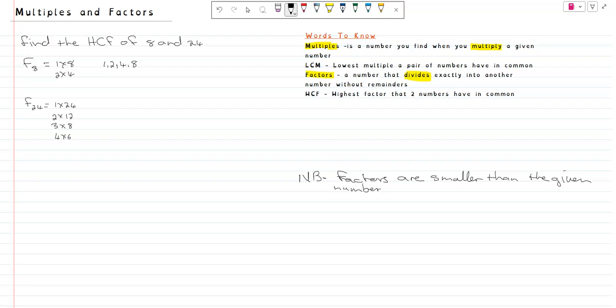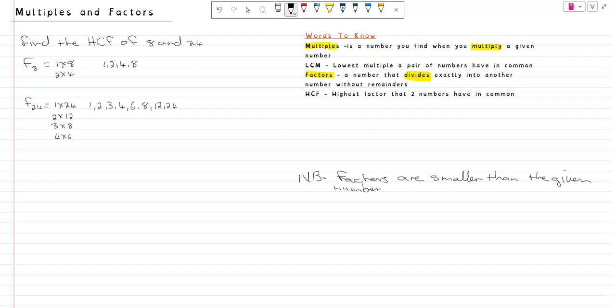Again, you'll know these answers quickly if you know your times tables, and we will get to our times tables tests in the future. So we write this side first: 1, 2, 3, and 4, and now we write from the bottom upwards to 24: 6, 8, 12, and 24. Those are the factors of 24.